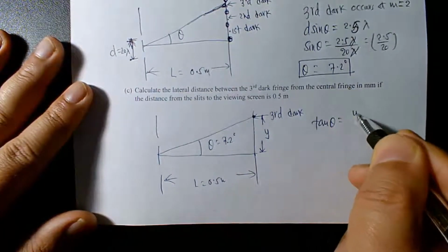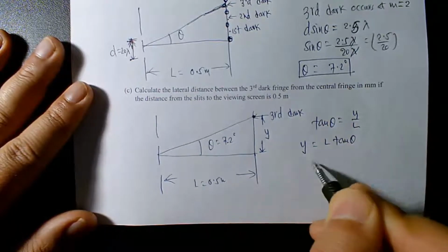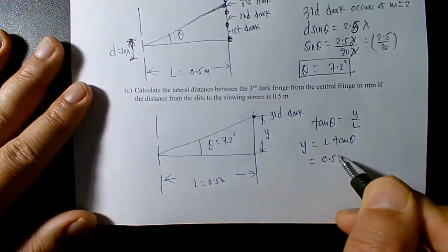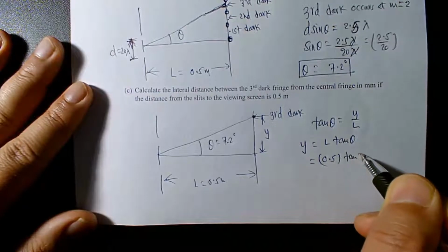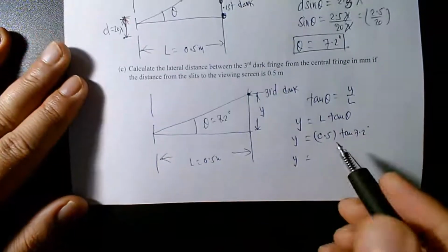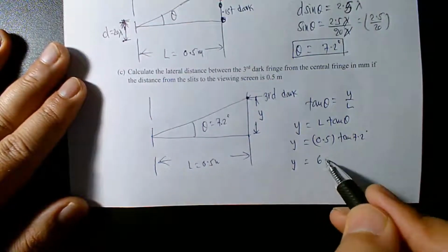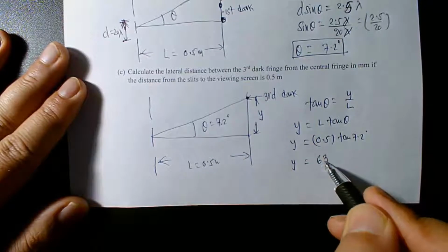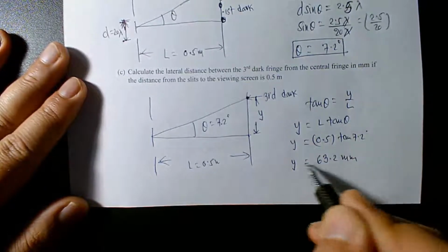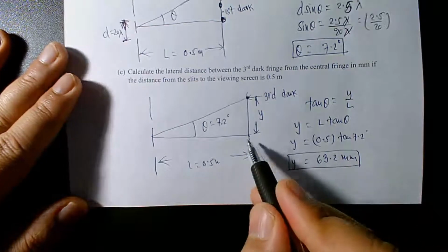Tan theta is y over L, so y is L tan theta. L is half a meter and tan of 7.2 degrees. First you get it in meters and then convert to millimeters because it wants millimeters. So the third dark will be at 63.2 millimeters from the central bright fringe.